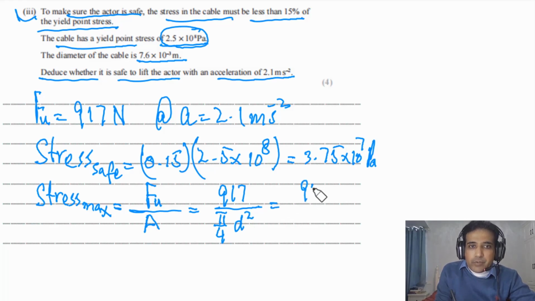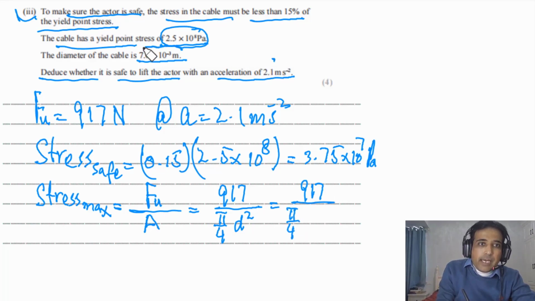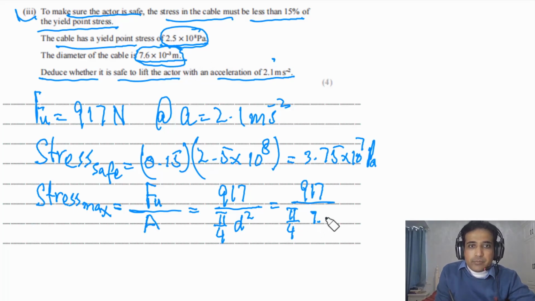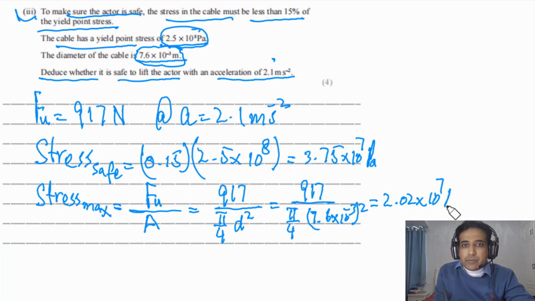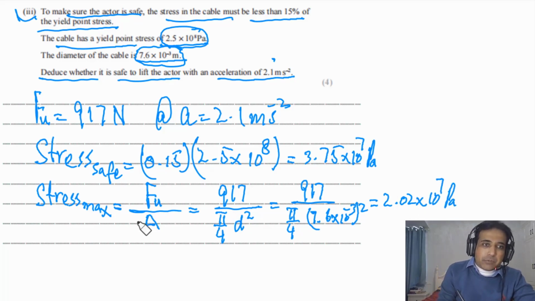So we can plug in values, 917 divided by pi by 4. The diameter of the cable is given to us, that is equal to 7.6 times 10 to minus 3, squared. And if we solve this one, we will get 2.02 times 10 to 7 Pascal. So this is the maximum stress.